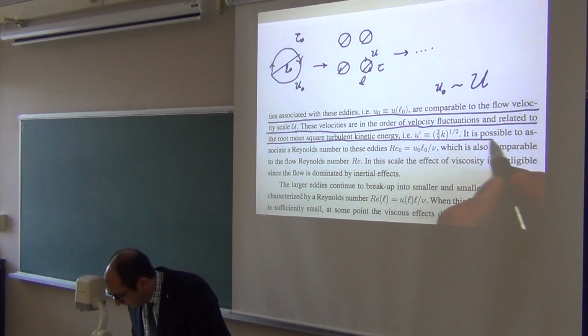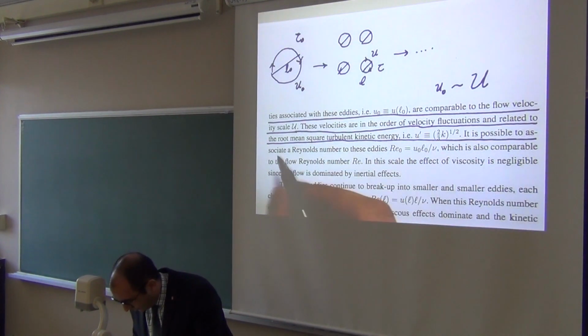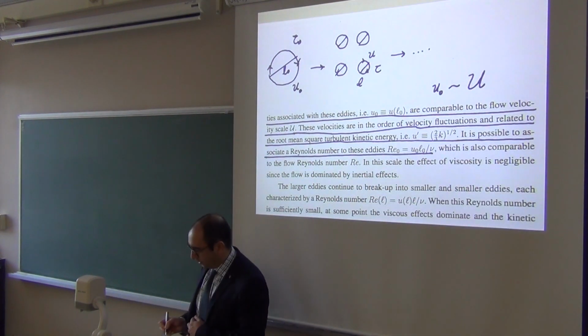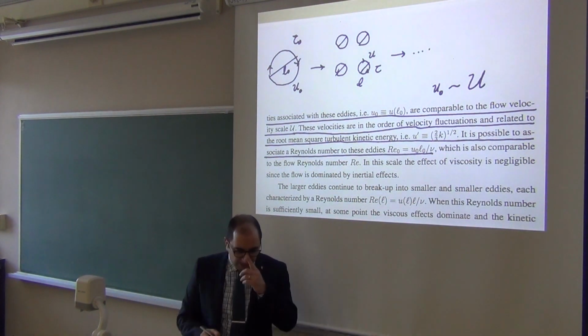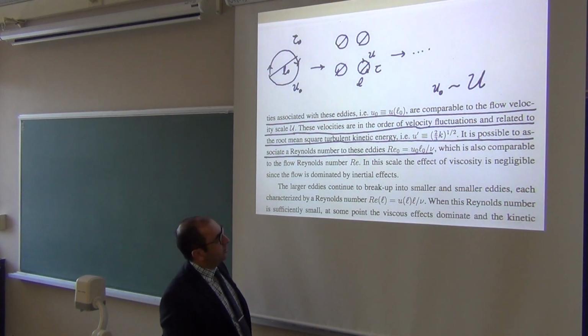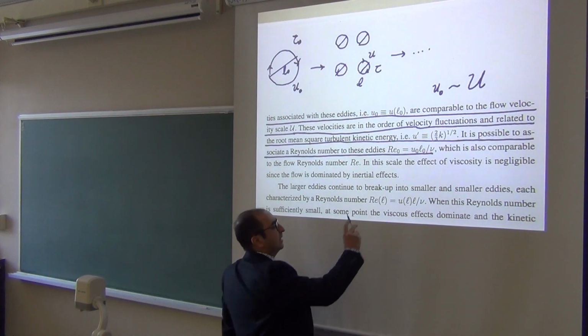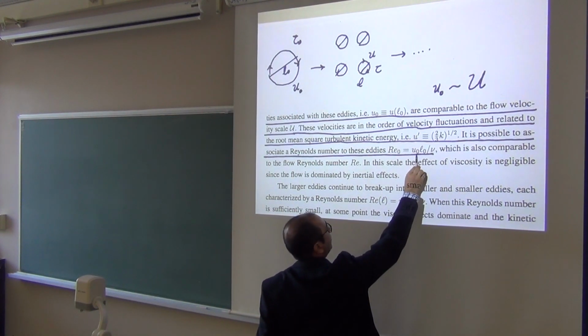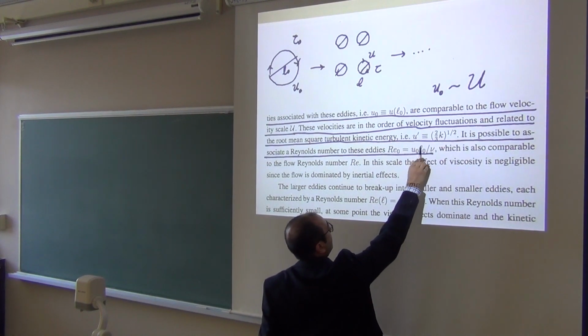It is possible to associate a Reynolds number to these eddies. So now I'm saying not only do I have a Reynolds number for the flow, but I can also have a Reynolds number for the eddy, for which the velocity and length scale change here, right? It's U naught and L naught.